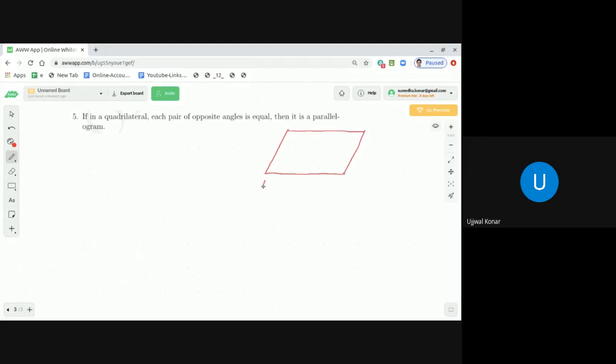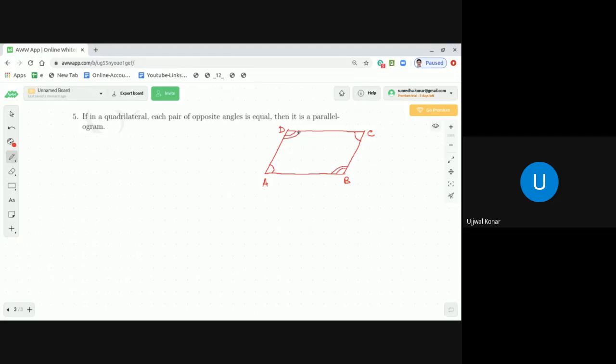So suppose this is A, B, C, D, the quadrilateral, in which each pair of opposite angles is equal. That means angle A is equal to angle C, and angle B is equal to angle D.